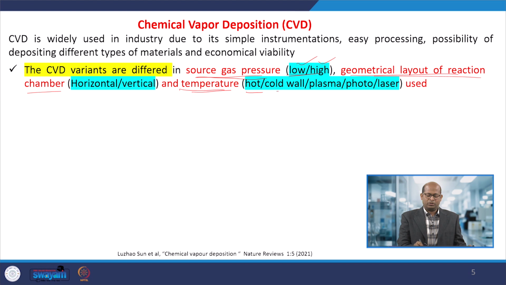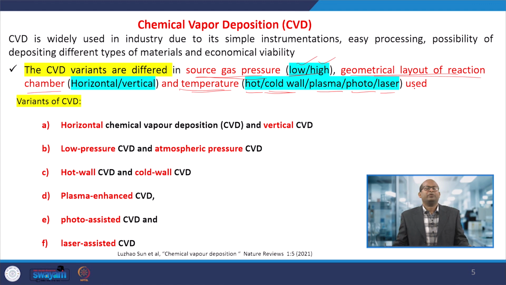Here hot or cold wall, plasma, and photo or lasers can also be used. So we have horizontal or vertical CVD, low pressure, atmospheric pressure, hot wall, cold wall CVD, plasma enhanced CVD, and photo assisted CVD or laser CVD. That way we can classify or categorize the CVD process.